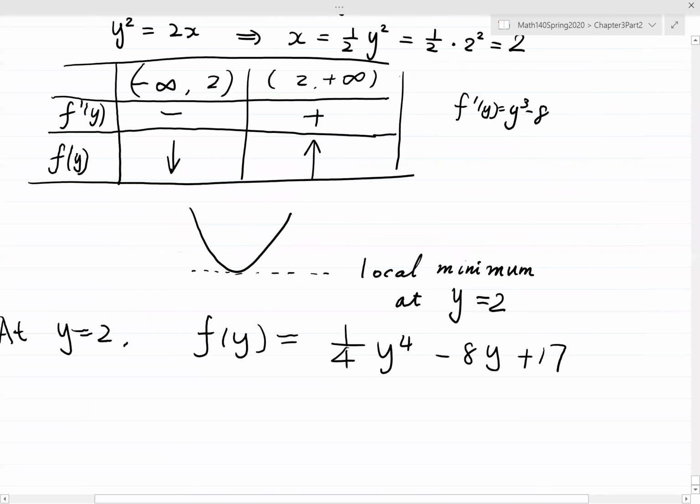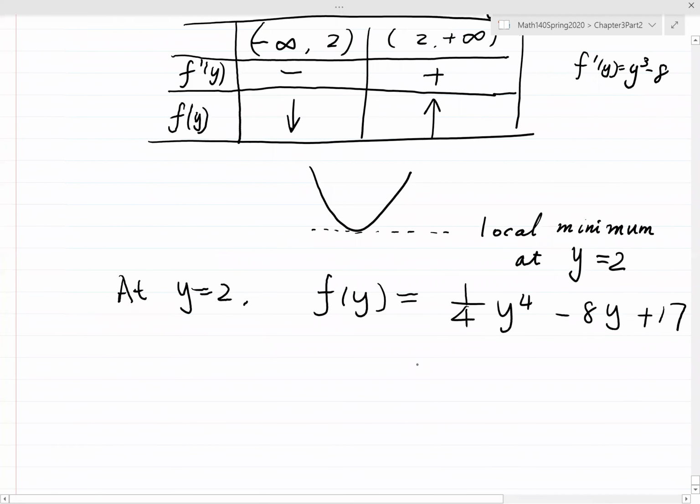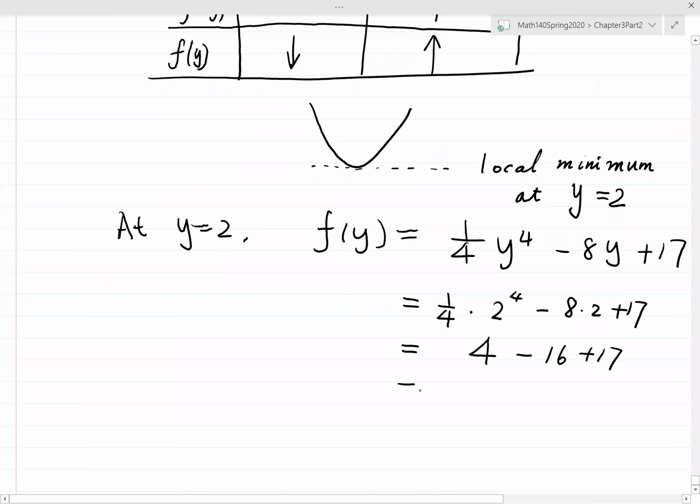Then you find this is a quarter times 2 to the power 4 minus 8 times 2 plus 17. 2 to the power 4 is 16, divided by 4, we get 4, minus 16 plus 17. So this is actually negative 12 plus 17, so we get 5. Now this is distance squared.